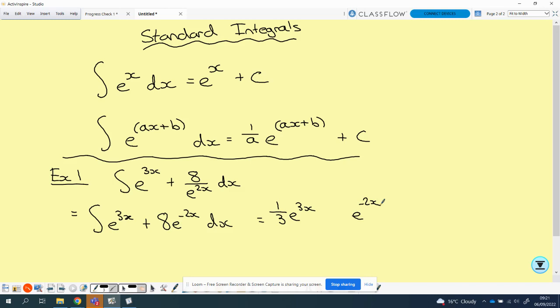Differentiate the negative 2x, that gives me negative 2, that comes down and divides 8, so it's going to change the sign to negative 8 over 2 e to the negative 2x plus c. Okay, and again we can tidy up that second expression, so we've got a third e to 3x minus 8 divided by 2 is 4, 4e to the negative 2x plus c.